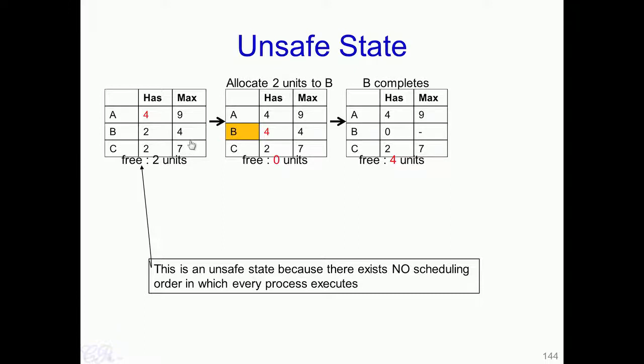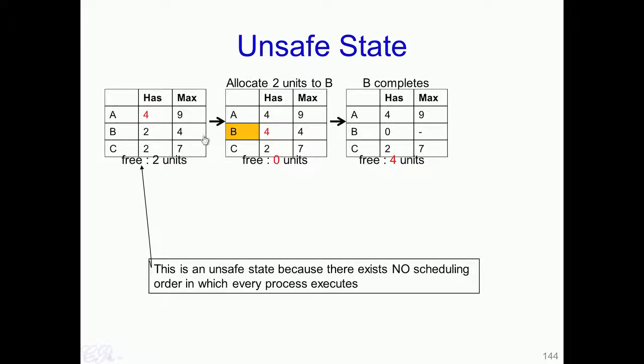Now, we see that irrespective of how the banker tries to allocate these remaining units to each of its clients, there is no schedule which is feasible that could fulfill these requirements.